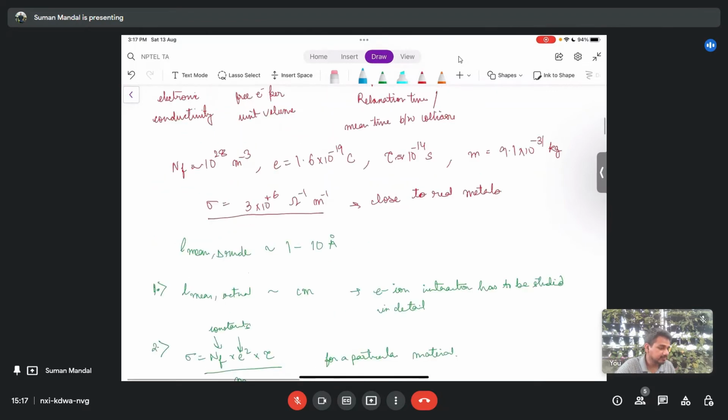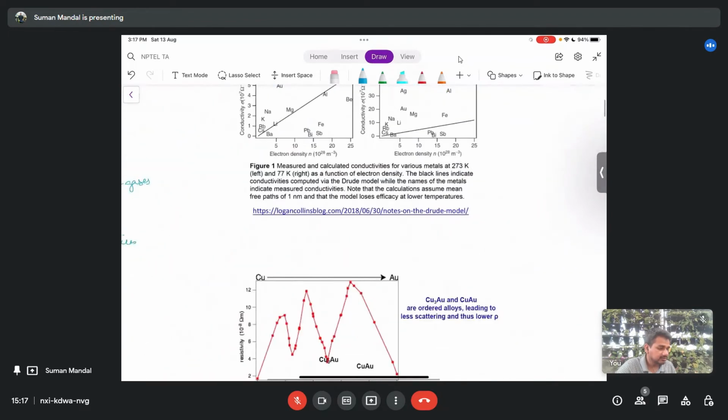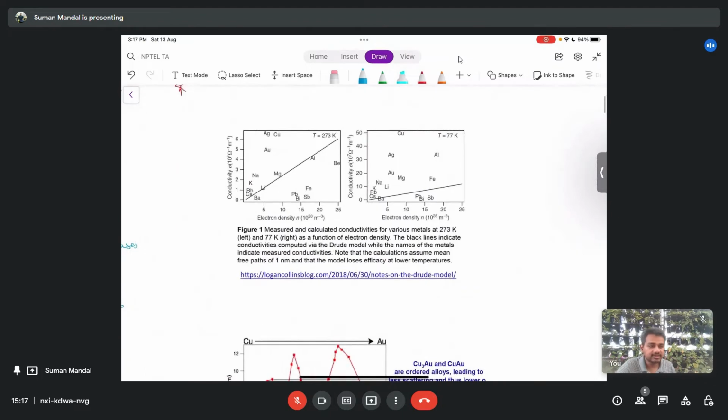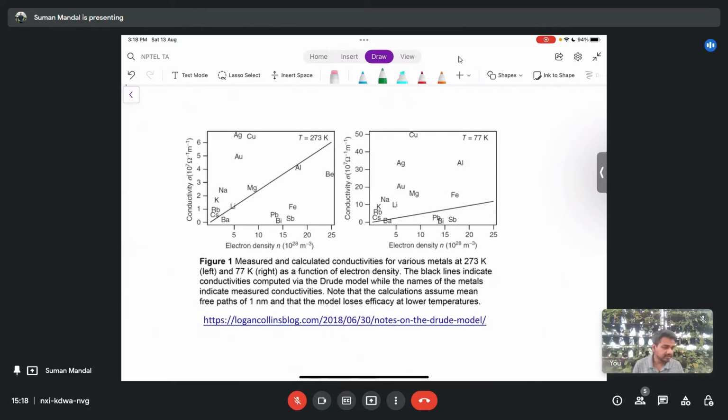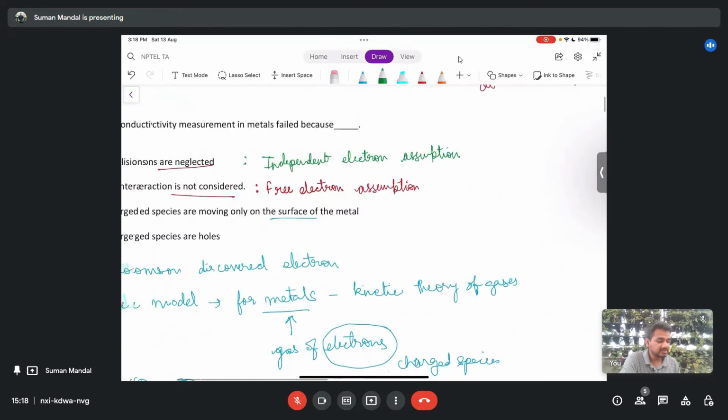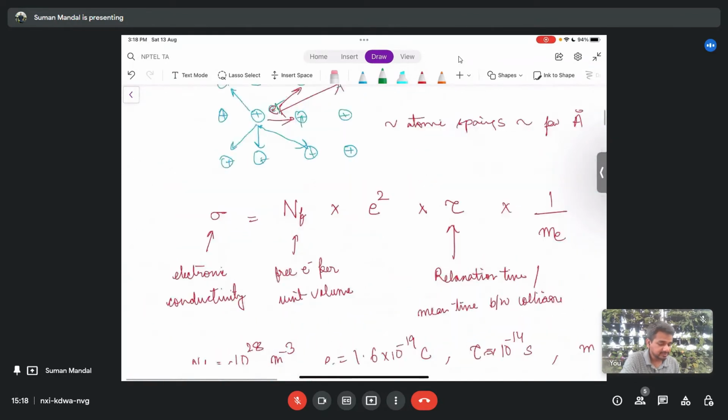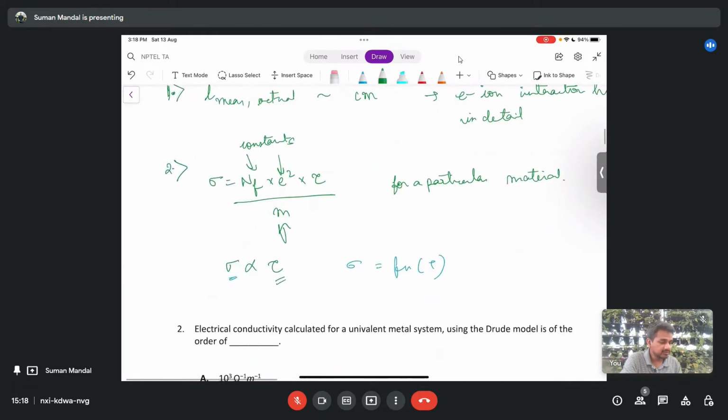Just to see here, these two are conductivity values at two different temperatures, and we see that as the temperature is decreased from left to right, the conductivity shoots up. So there's a temperature factor here which cannot be explained by this simple collision of atoms theory. Moreover, we can go into further details on it.